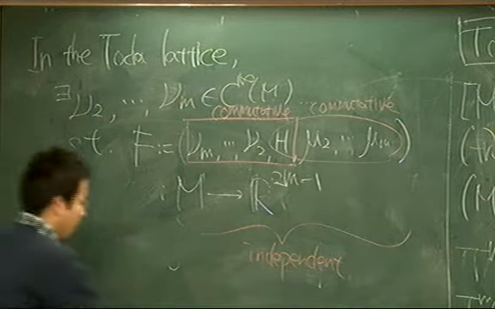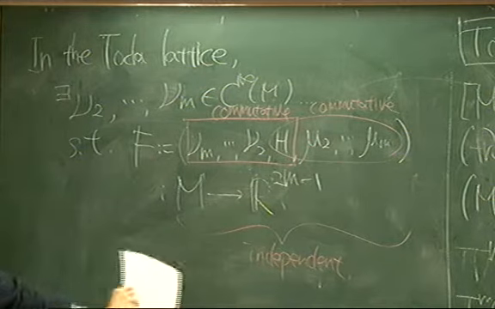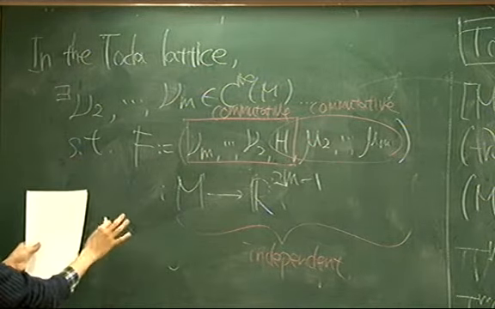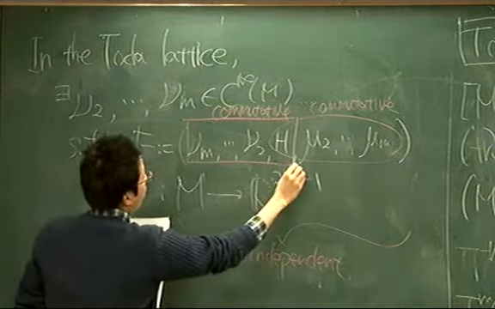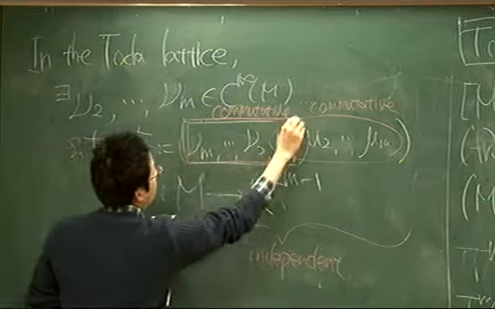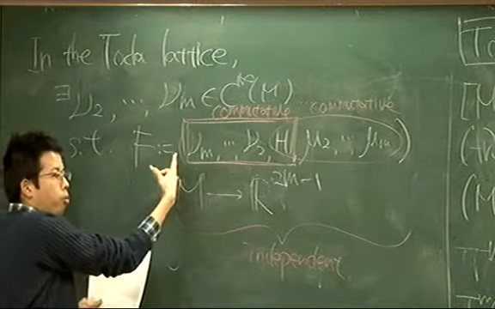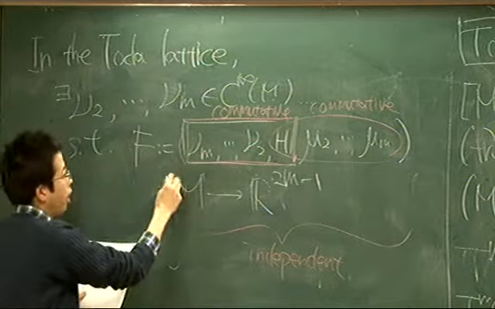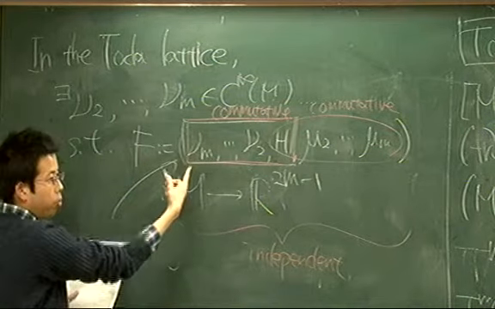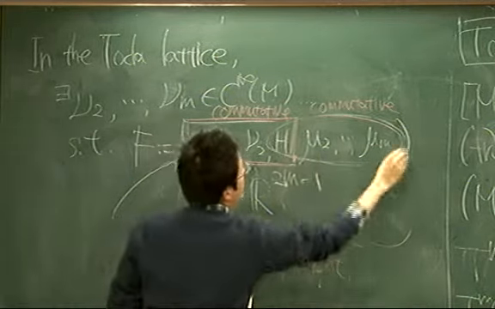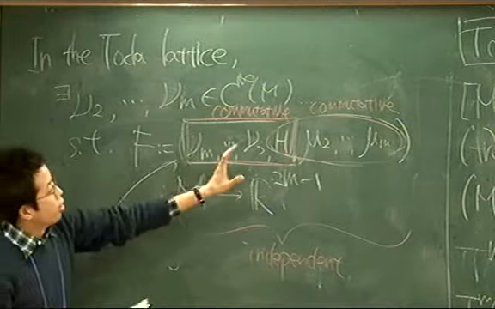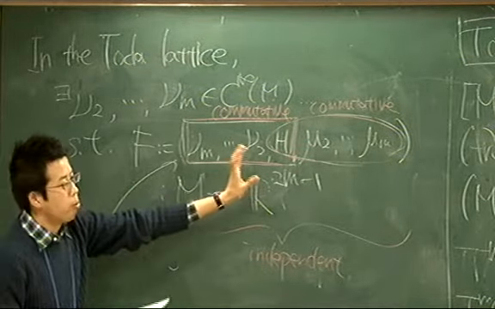So now, let me explain the ingredients of this map. We can understand this as a moment map of one torus action, a kind of abelian moment map, and this is also considered as an abelian moment map.